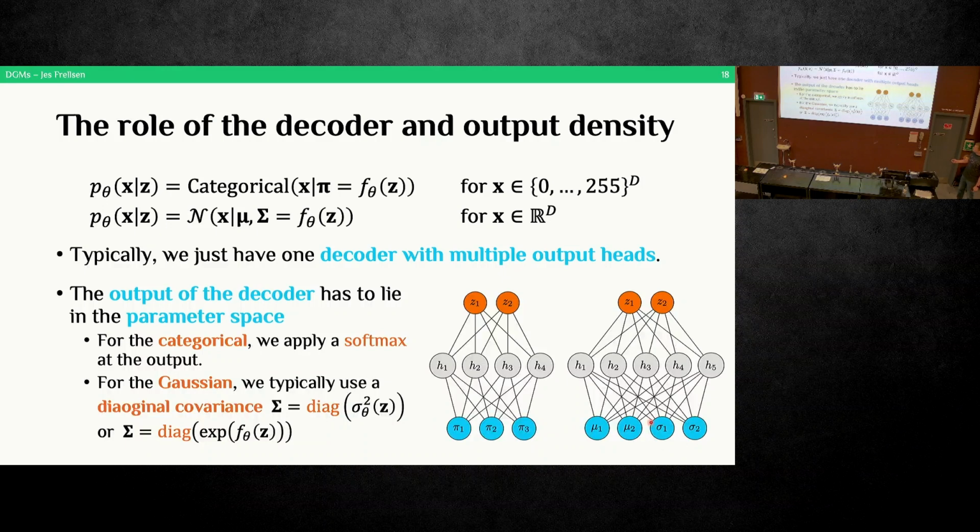Then we would need to make sure that these are non-negative, and one way to do that is to say that the covariance matrix of our multivariate normal is a diagonal one, where we take the exponential of these to ensure that they are non-negative.